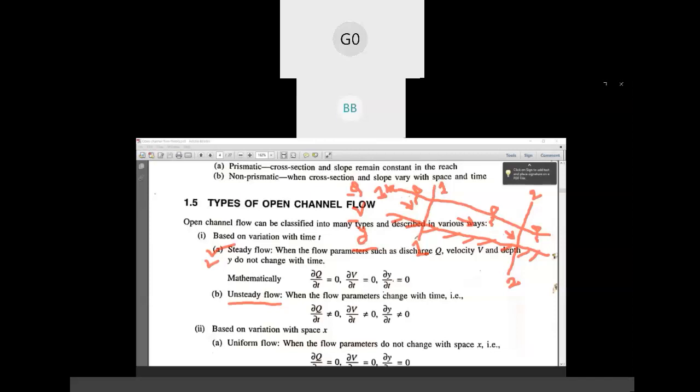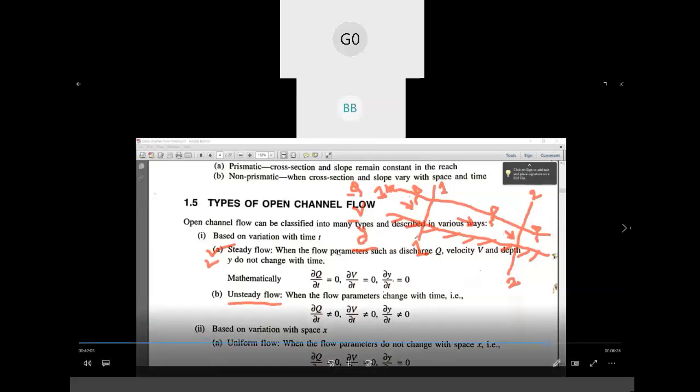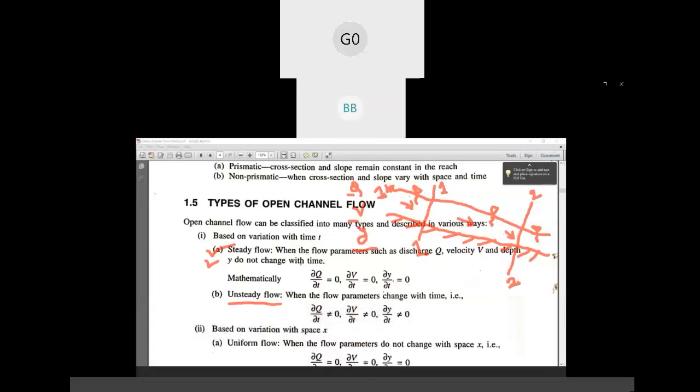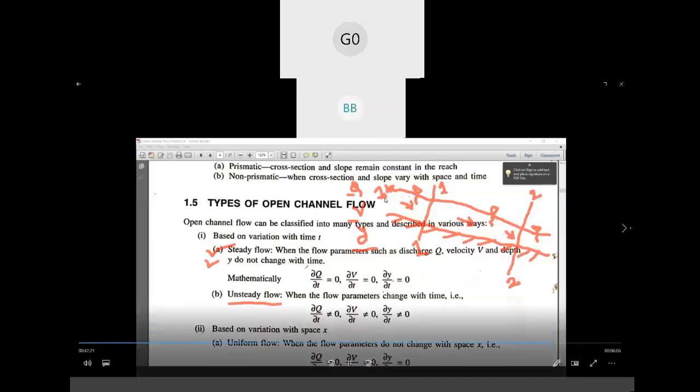If those parameters are the same, the flow is steady flow; if they are not the same, the flow is unsteady flow. As written here, the flow parameters such as discharge, velocity, and depth do not change with time. That means they are kept constant with respect to time.